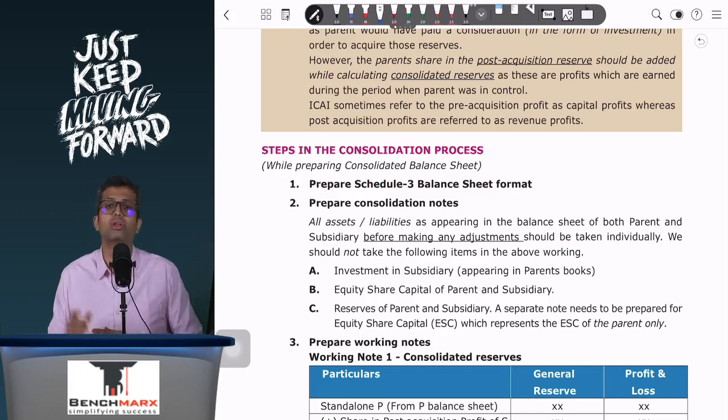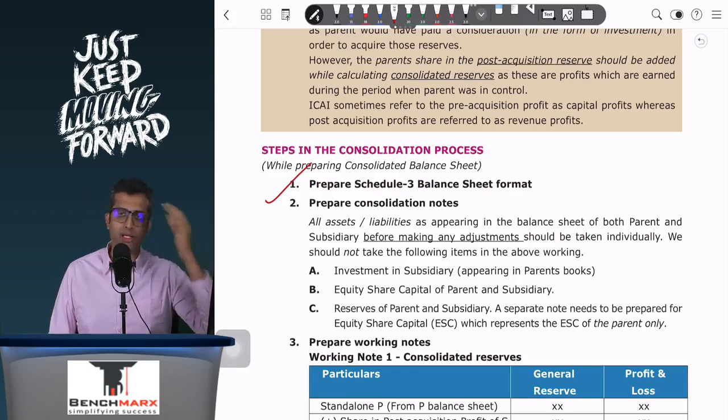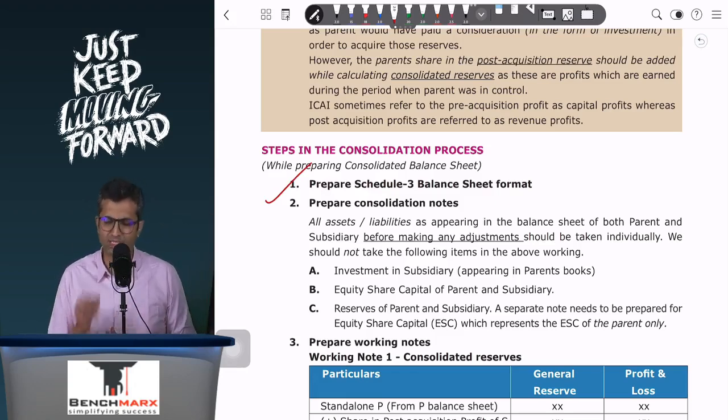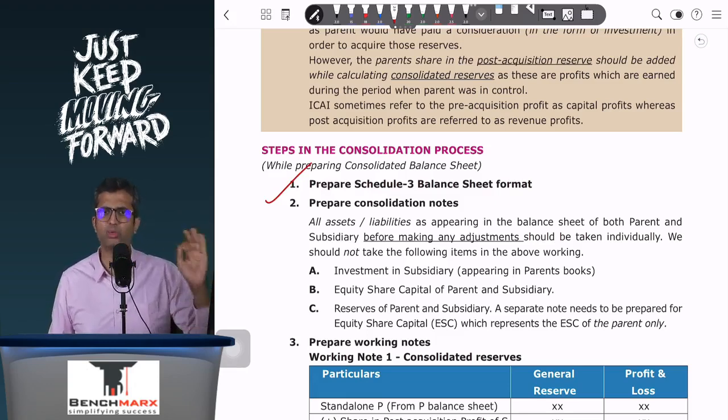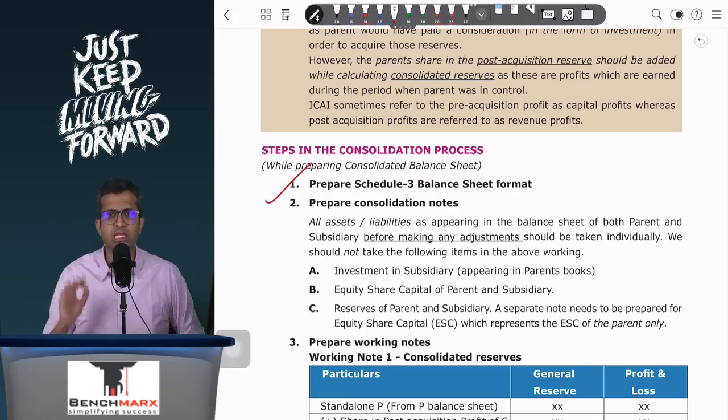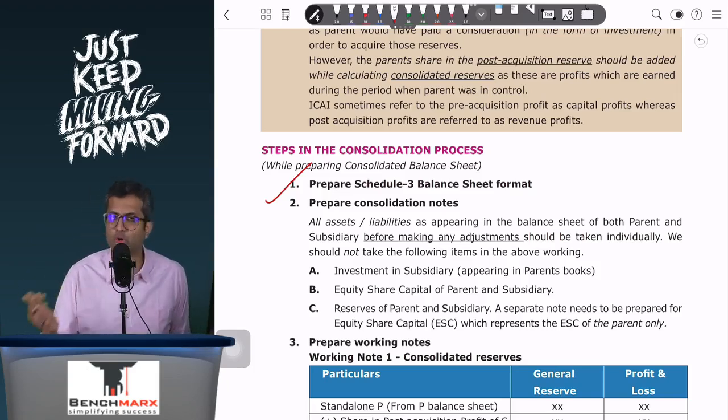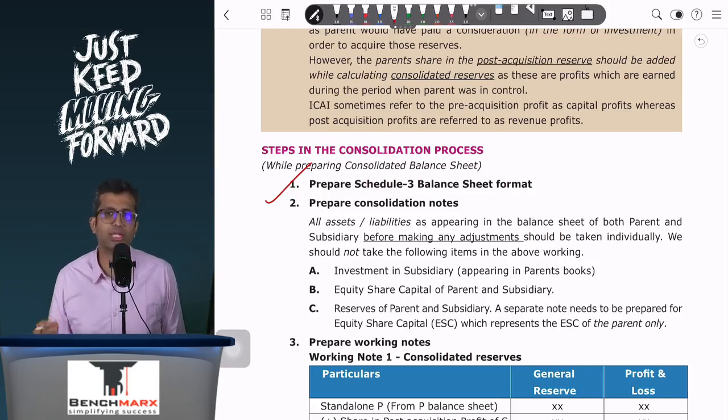After that, you'll write down a note on all the assets and liabilities. If you can, mark the adjustments to a particular asset and liability, if there is an adjustment. Like in PP, there may be a fair value adjustment, or in inventory, there may be an upstream or downstream sale of inventory adjustment, or in a debtor or a creditor, there can be an intercompany mutual indebtedness or mutual owing elimination adjustment.